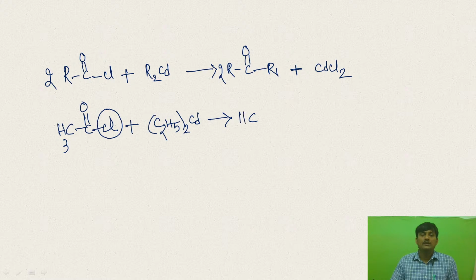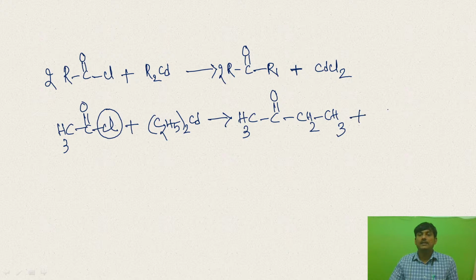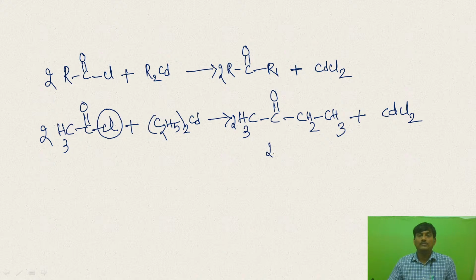So there is a formation of CH3 C double bond O C2H5, that is CH3COCH2CH3, and cadmium chloride. So if you treat 2 moles of acyl chloride with 1 mole of diethyl cadmium, there is a formation of 2 moles of ketone. The ketone is 2-butanone or butanone. This is the ketone you will get.